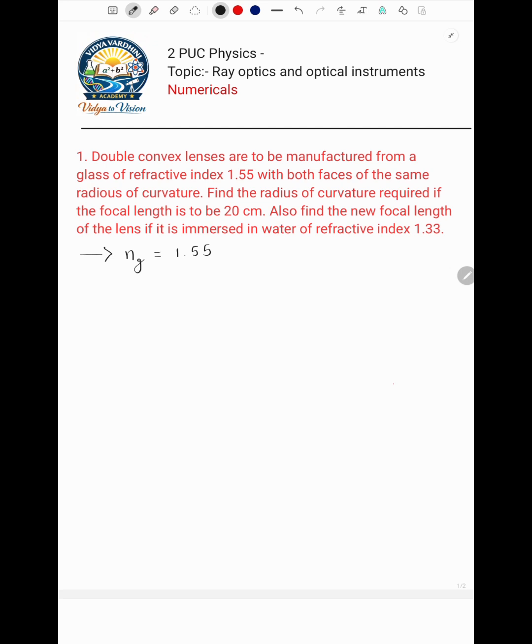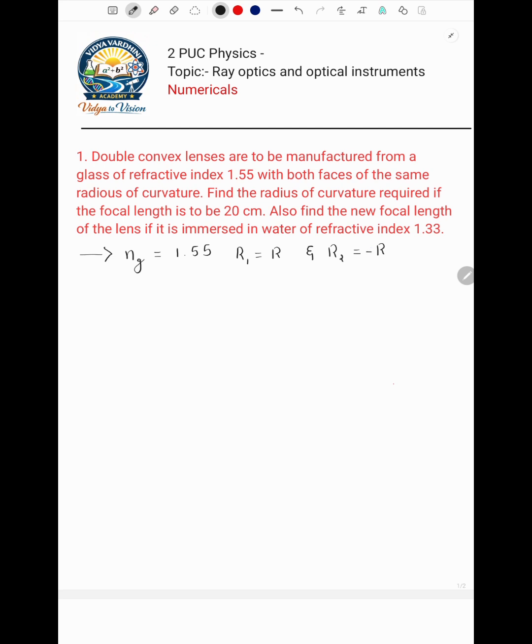And they have told both faces have the same radius of curvature, that is r1 is equal to r and r2 is also equal to r. According to the sign convention, we will take one side positive and the other side negative. Therefore I will take r2 as minus r.